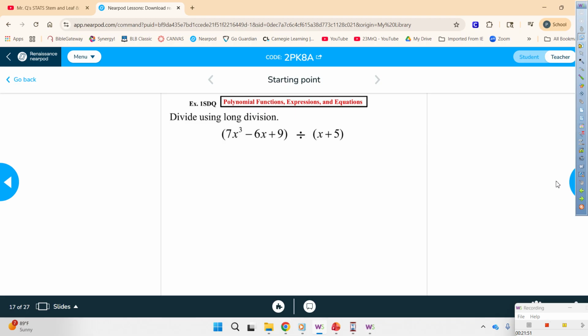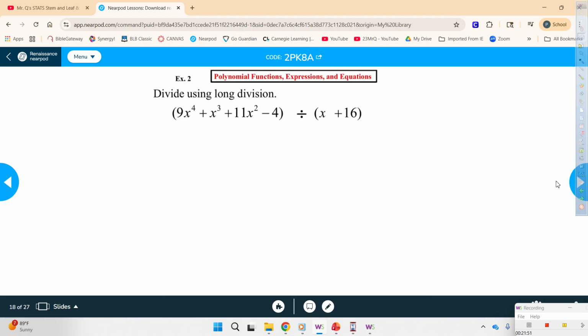Copy this one. Example number 12. 9x to the 4th plus x cubed plus 11x squared minus 4, divided by x plus 16. So this is very similar to the one we just did. Similar, not the same. I'm going to give you a head start and see how you do with that one.